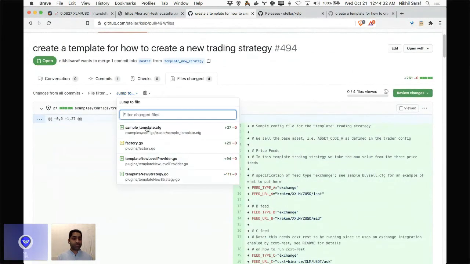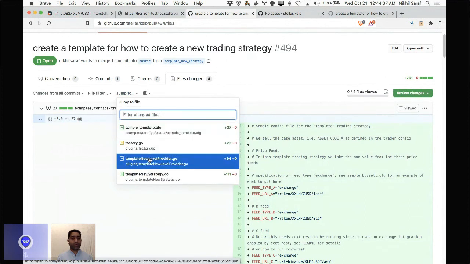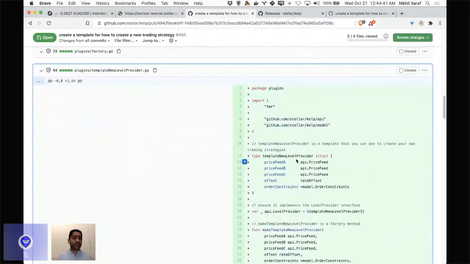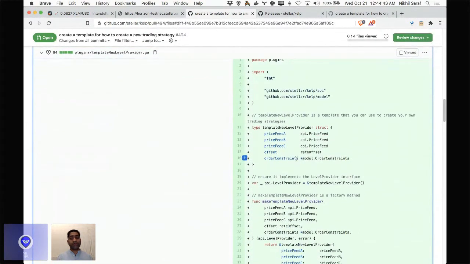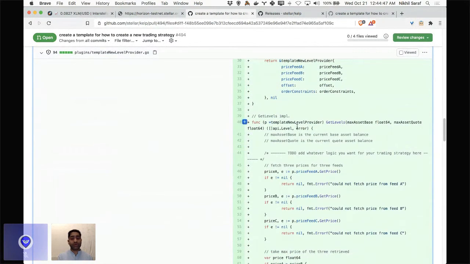So there's really 4 parts to this. We won't go into too much detail, but what I want to highlight is that the main interface for creating a trading strategy in Kelp is this one very simple function. Again, this is written in Golang right now, and very soon we'll be adding support for multiple languages for the strategy part as well.